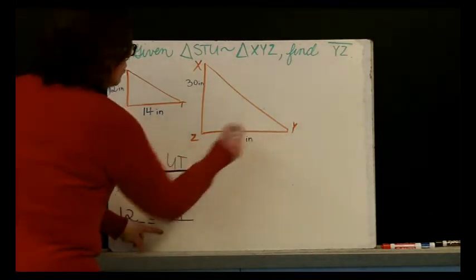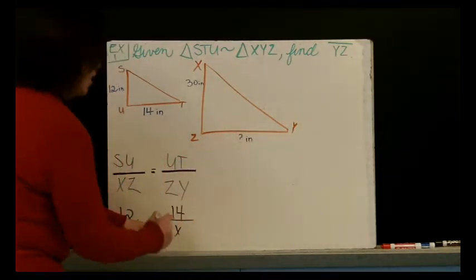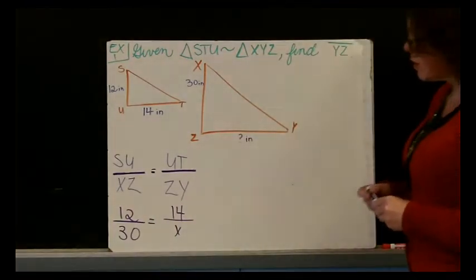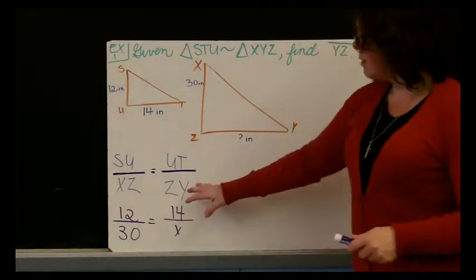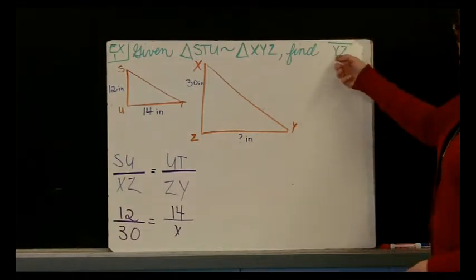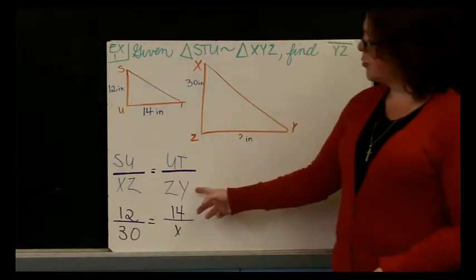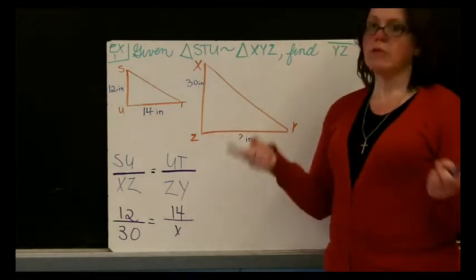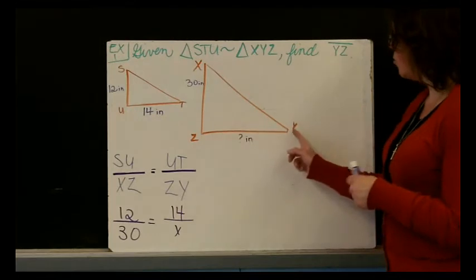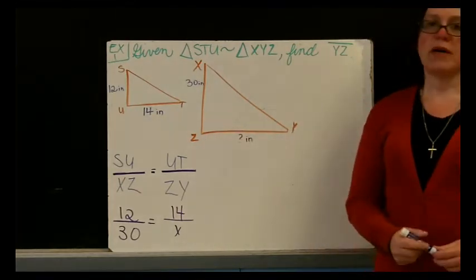And we don't know the length of ZY, that's what we have to find, so we are going to fill in an X. Now maybe you notice that we're tasked with finding the length of YZ, and here we're finding ZY. The letters are interchangeable, so when we talk about side ZY, we're also talking about side YZ.